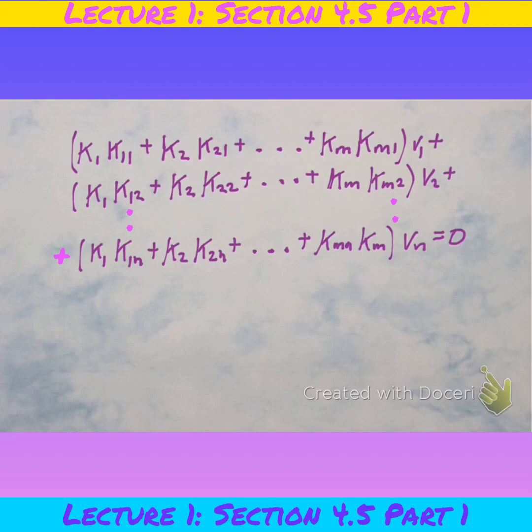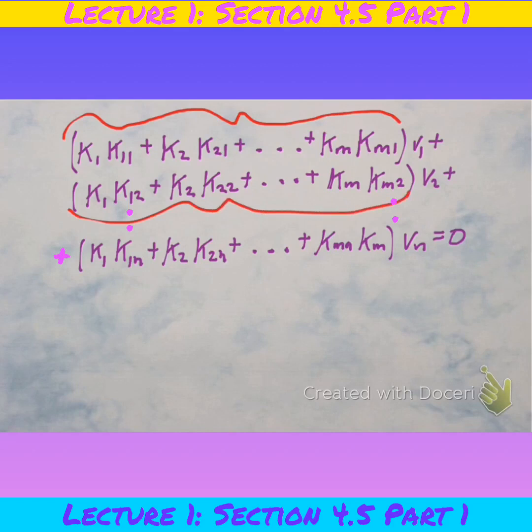Now, we know that V1 up until Vn forms part of a basis, and therefore those vectors must be linearly independent. So what this implies is that this has to be 0, and that has to be 0 up until the last term. That coefficient has to be 0.